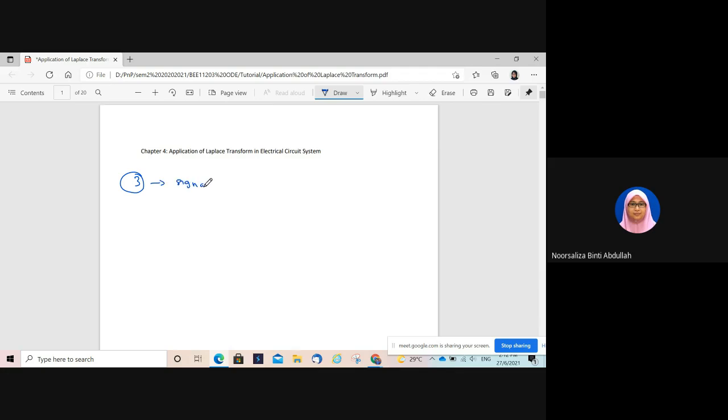You have a signal in time domain T, and you have to change it to frequency domain S, which means you will use the Laplace transform to transform from T to S. And then the second step is, you will analyze this circuit using either KVL or KCL, Kirchhoff voltage law or Kirchhoff current law.